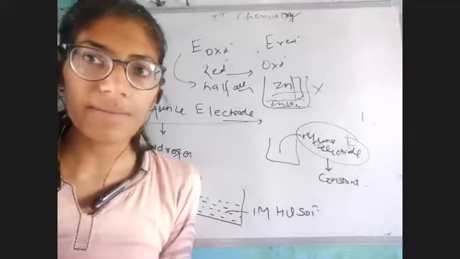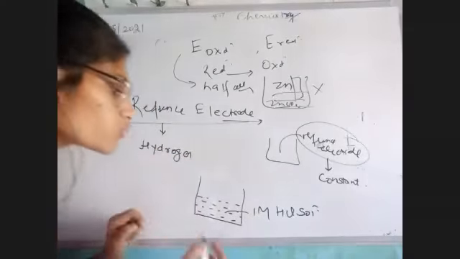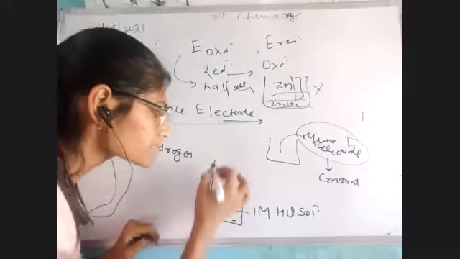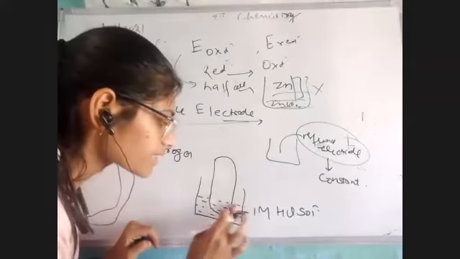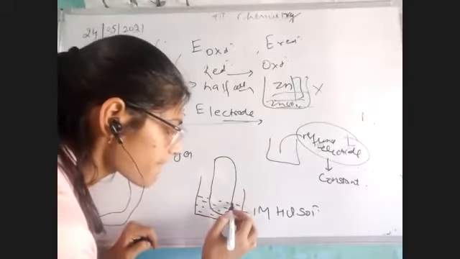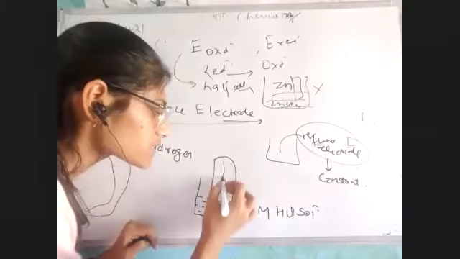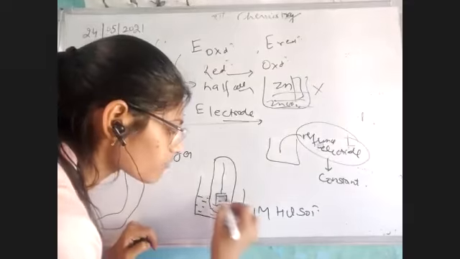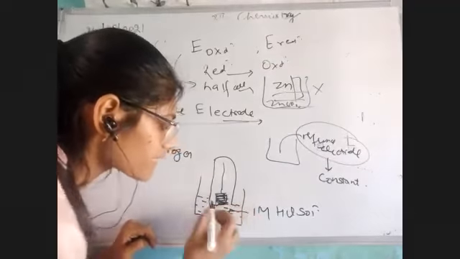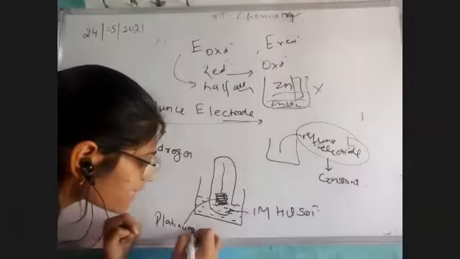Is hydrogen a metal? No, definitely not. It's a non-metal, it's a gas. Then what can we do? We would take a glass jar, and in this glass jar there is an opening so that the solution gets into it, and we have taken a platinum metal. Why do we need platinum metal?